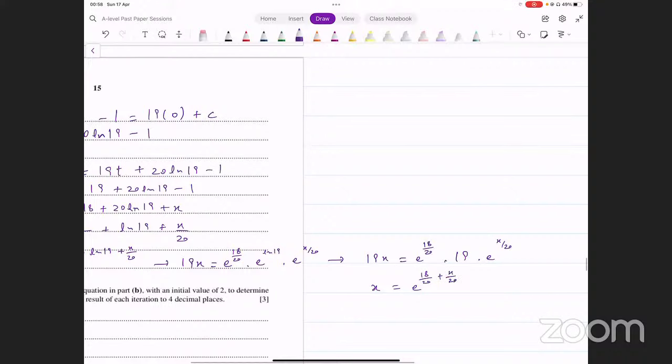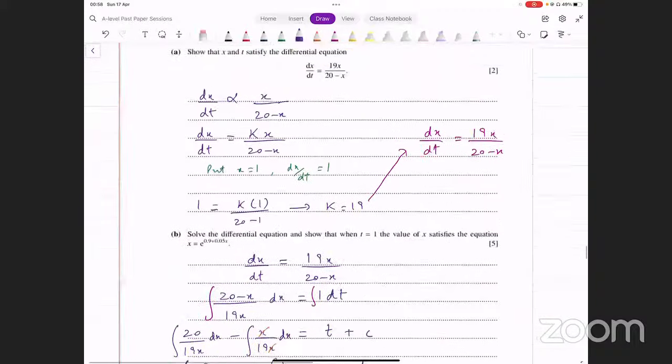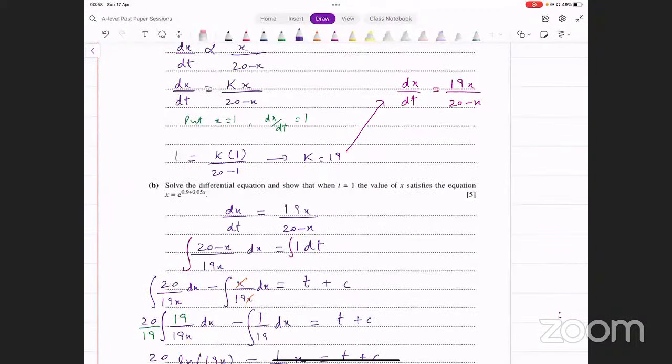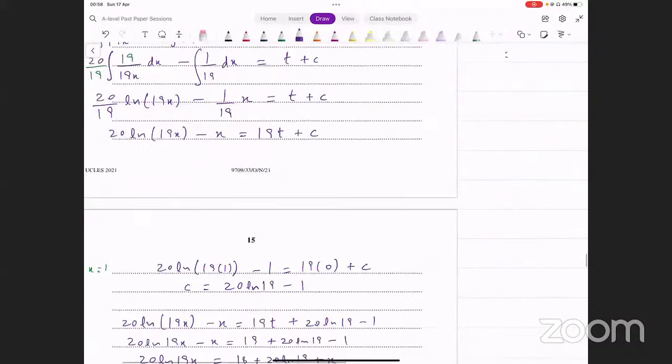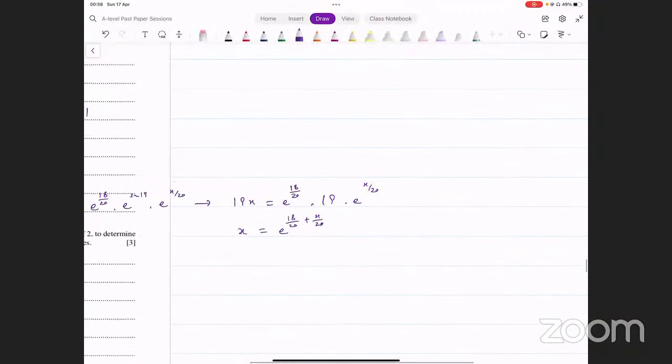Now, what were we getting there? 0.9 plus 0.05x. 18 over 20 is 0.9, and this is 0.05x. So we do end up getting the same result eventually, but yes, it did become quite complicated.